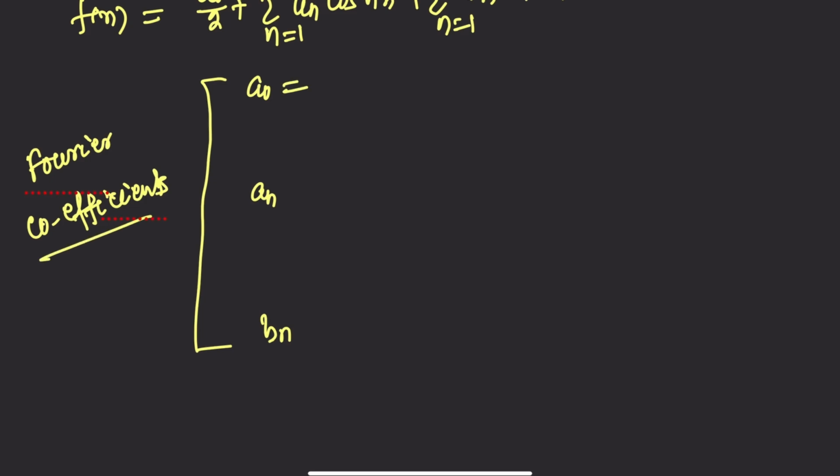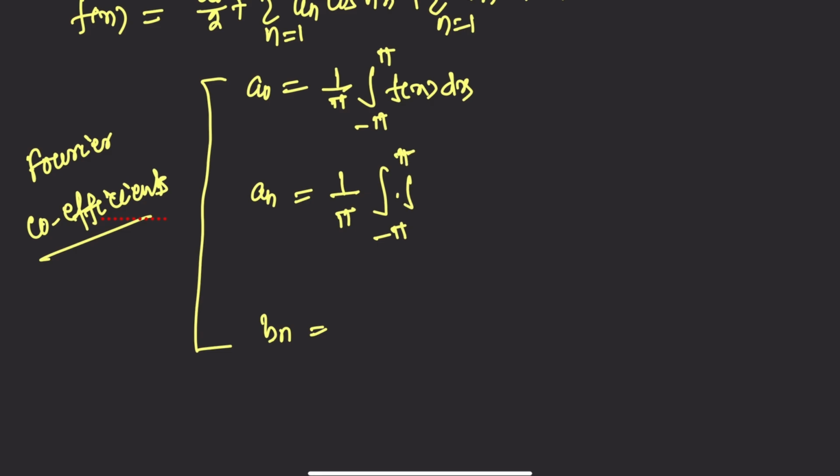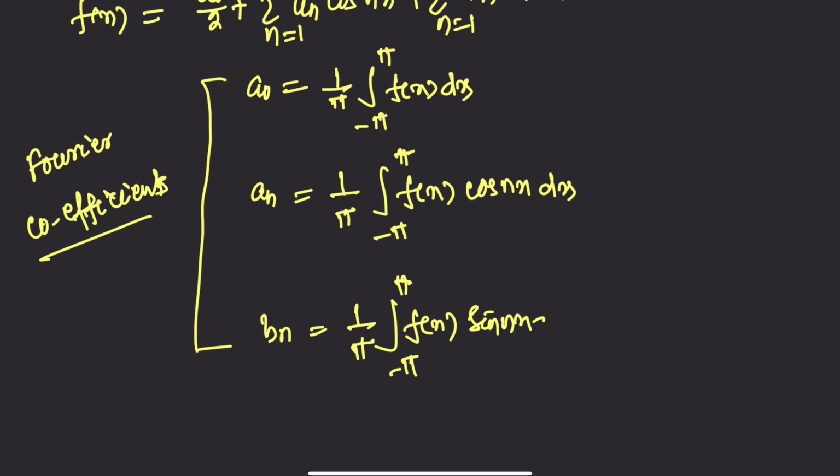These Fourier coefficients are determined by the formulas called Euler's formulas. That is, a0 equals 1 by pi integral from minus pi to pi f of x dx, an equals 1 by pi integral from minus pi to pi f of x cos nx dx, and bn equals 1 by pi integral from minus pi to pi f of x sin nx dx.